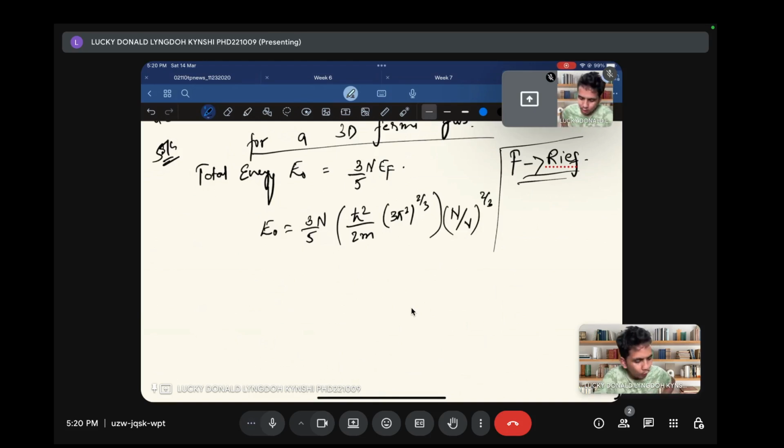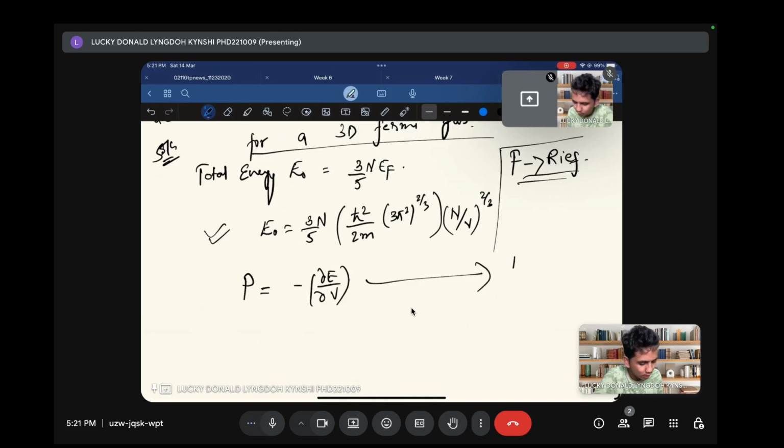Fine. So how do we relate this? Why am I doing the total energy? In fact, we have to calculate the pressure, but why am I doing this energy? Because you can calculate pressure as minus ∂E/∂V. How do we get this formula? Go back to last class.